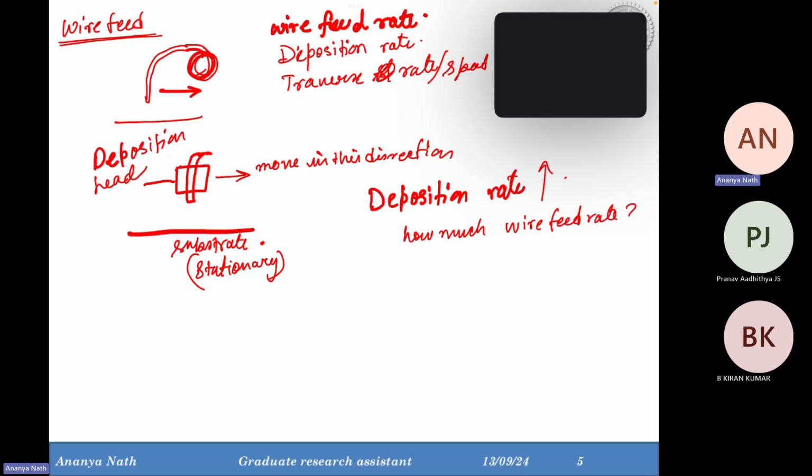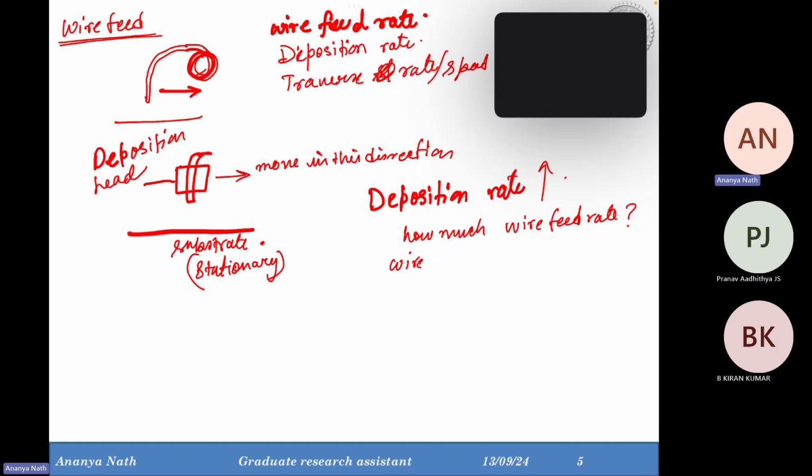Just answer: it will be high, or it will be less, or it doesn't matter, or it will be constant. If my deposition rate is high, what should be the probable answer? Feed rate also needs to be high. It should be high. Okay.